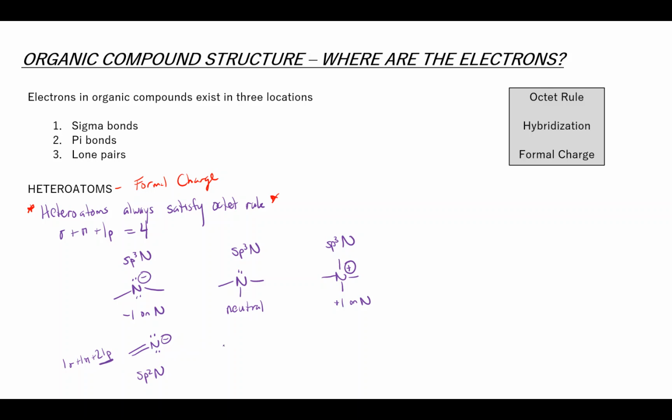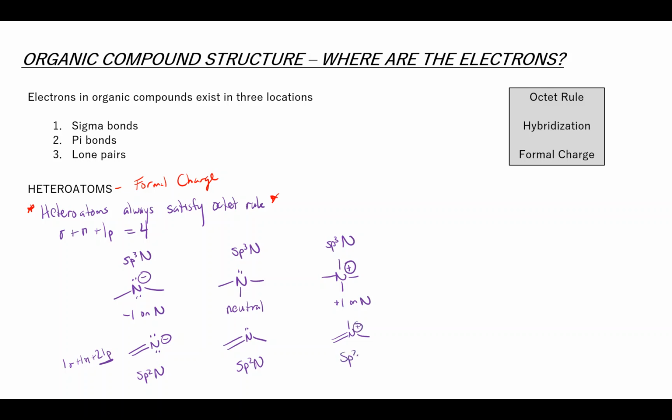Right? A neutral sp2 nitrogen has a pi bond, 2 sigma bonds, and 1 lone pair. It is neutral because overall it satisfies the octet rule. It has 1 lone pair. It's neutral. And then, of course, positive charge means it has no lone pairs.